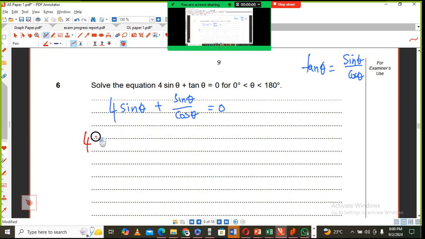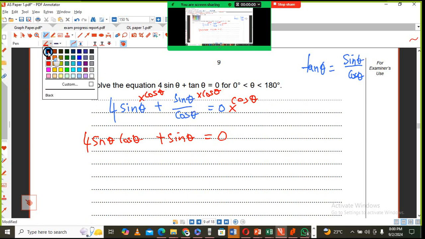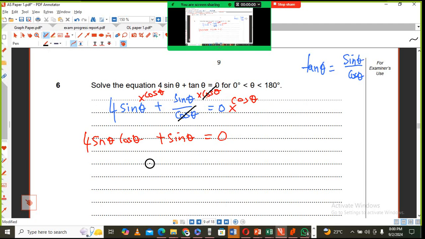That's going to be 4 sine theta cos theta plus sine theta equals 0. Then if you multiply by cos theta, multiply here by cos theta, multiply here by cos theta. This one will cancel, right? And anything times 0 is that.